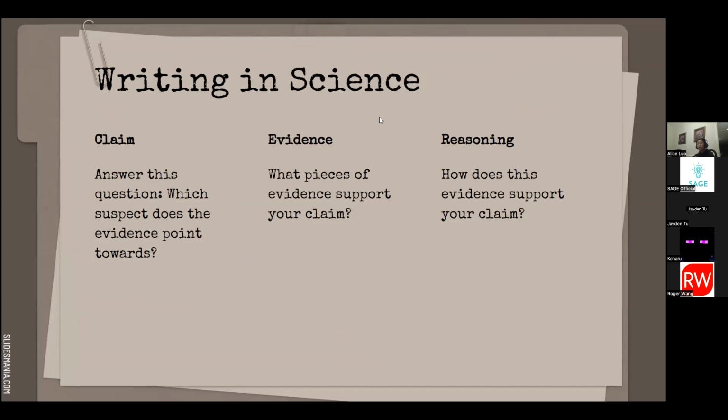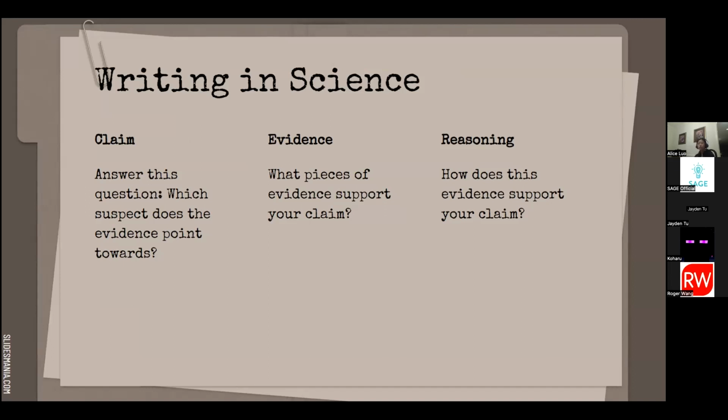So in the previous slide, I mentioned, how do you present what you found in simple and logical terms? So things that make logical sense. For example, I can't just say, pigs can fly, and that's it. Pigs can fly, right? You need evidence to back that up. So maybe somebody saw that a pig flew, although it's very unlikely. So the way that we're going to practice this is using a claim, an evidence, and reasoning. The claim, in forensics, would be, which suspect does the evidence point towards?